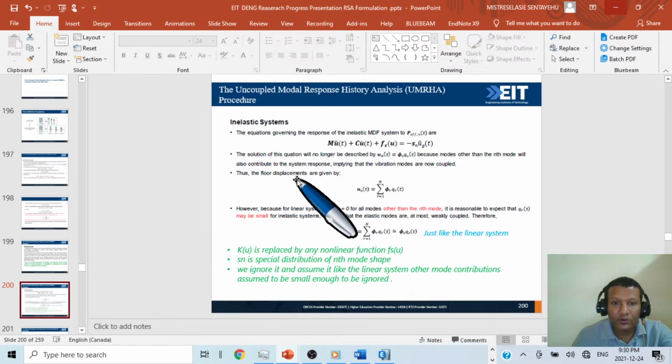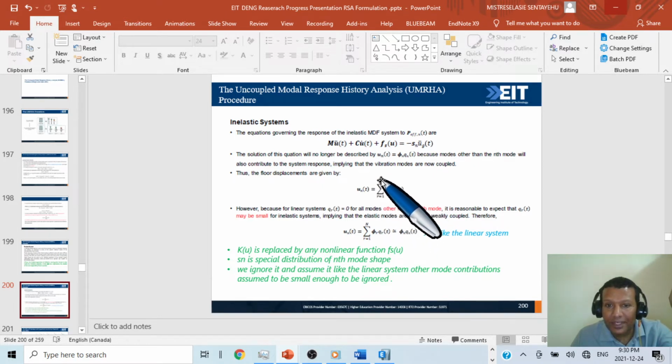Thus the floor displacement is given by un equal to the sum of phi r qr from the first mode to the nth mode. So each mode has contribution from other modes.